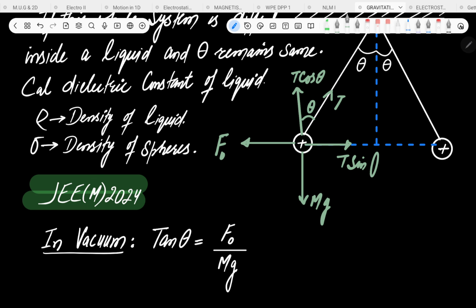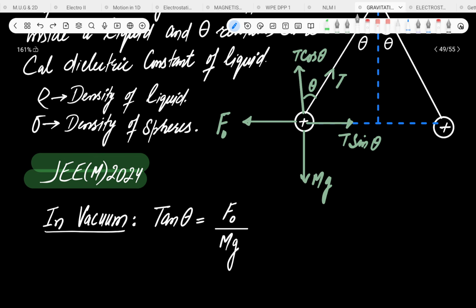Now we can equate T sin theta with F naught and T cos theta with mg. Reason: the charged particle is in equilibrium, which means the net force is 0, so the upward force equals the downward force, and the force towards right equals the force towards left.